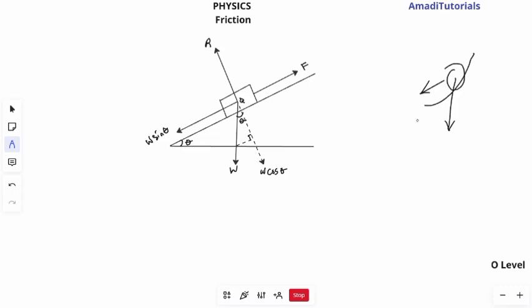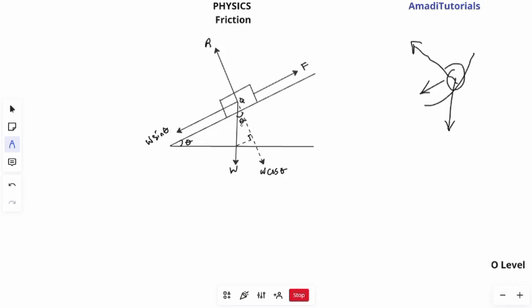So here we have W, which is the weight of this mass acting vertically downward. Then the normal reaction will act perpendicular to the plane. So if we were to draw the normal reaction for this one, it would be this way because it is perpendicular to the plane.